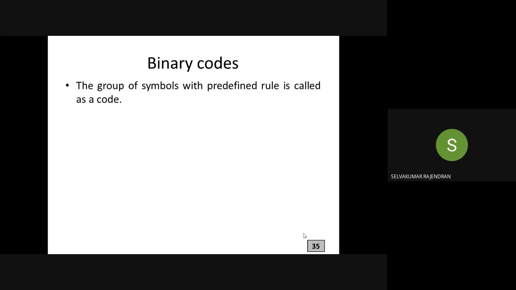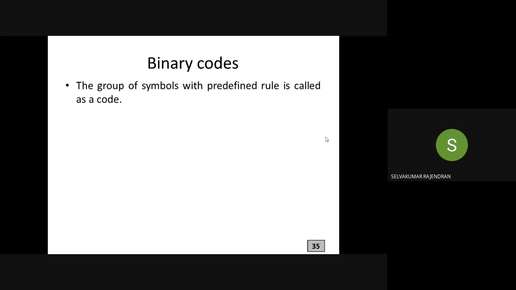Okay, so the next one is binary codes. What is meant by code? A code means a group of symbols used to represent something according to a predefined rule.